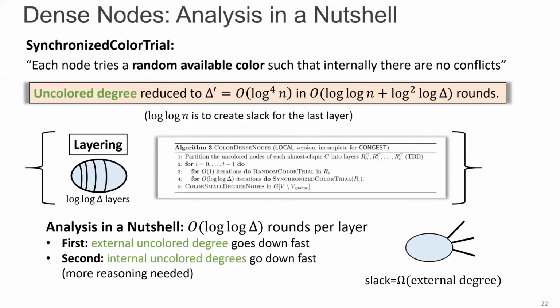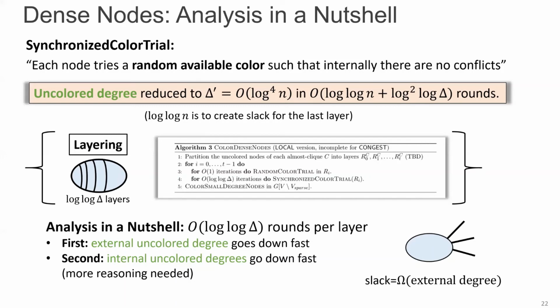The crucial property here is, due to this layering, you get some additional slack because you can consider the vertices which are in layers which you currently don't process and which are only processed later. You can consider them as just not being there. So basically, they virtually reduce your uncolored degree for the sake of executing this color trial. They make your degree smaller, and this gives you some virtual slack.